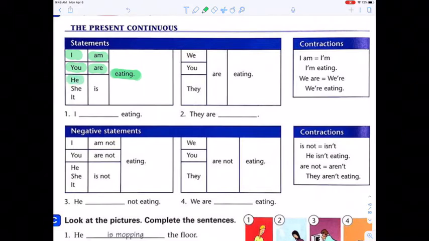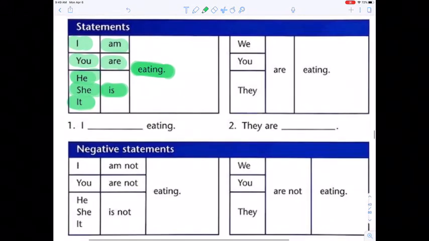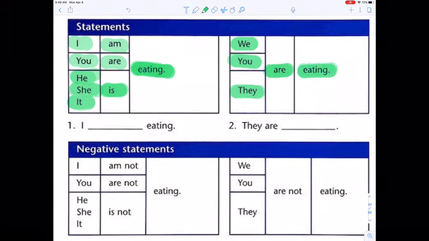Or he, she, or it. He is eating. She is eating. It is eating. We can also make sentences with we, you, or they. We are eating. You are eating. They are eating.